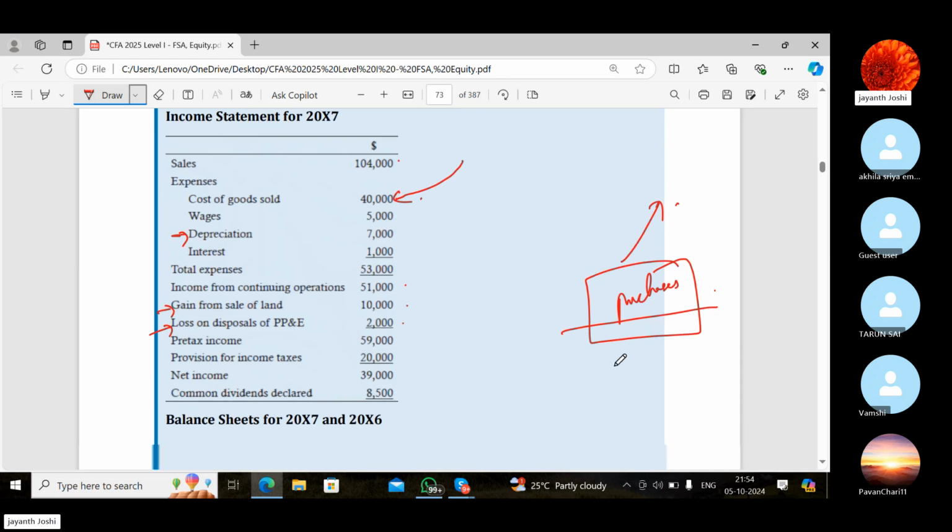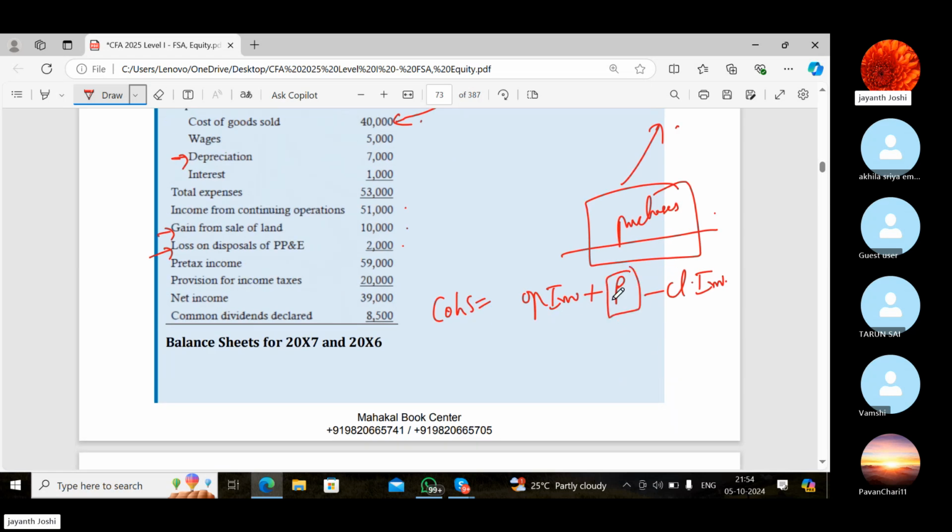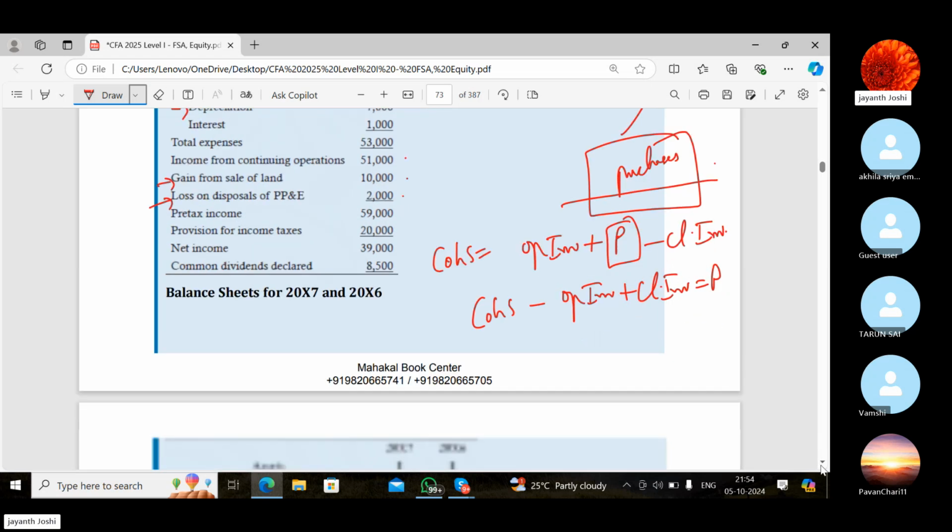COGS is equal to opening inventory plus purchases minus closing inventory. To find purchases: COGS minus opening inventory plus closing inventory is equal to purchases. Okay, you have got the formula.